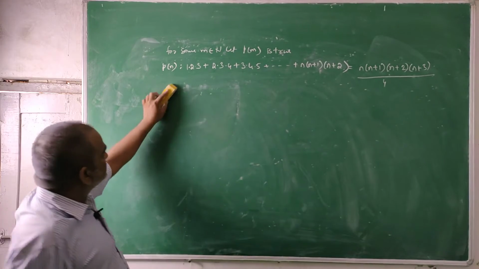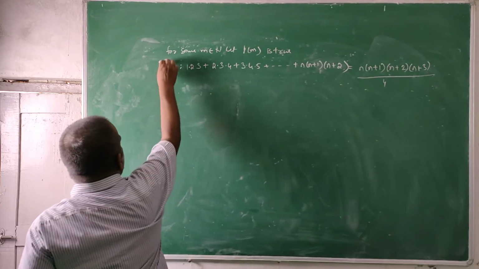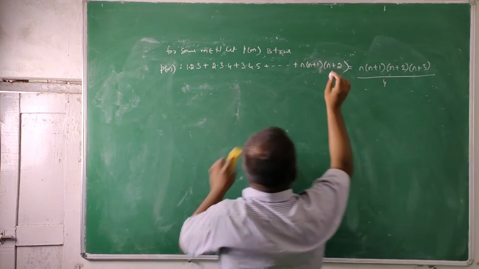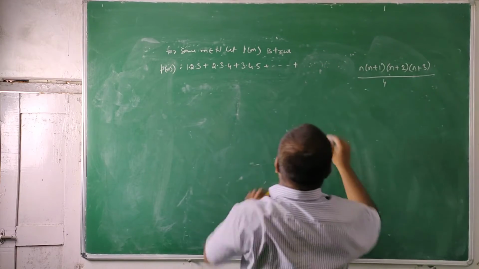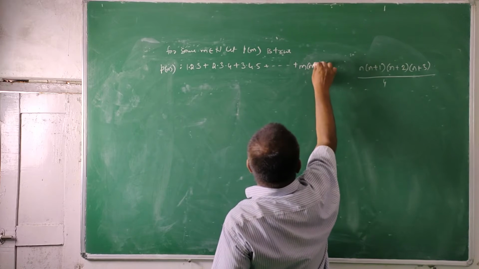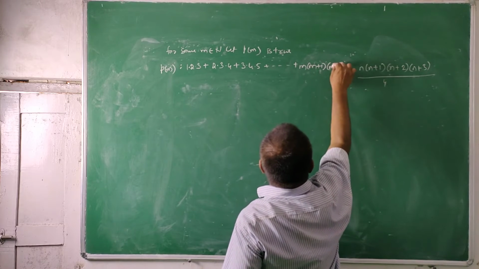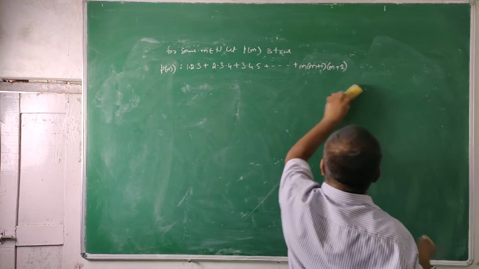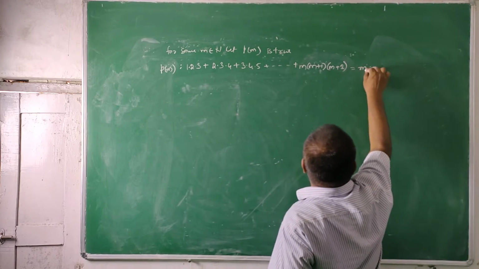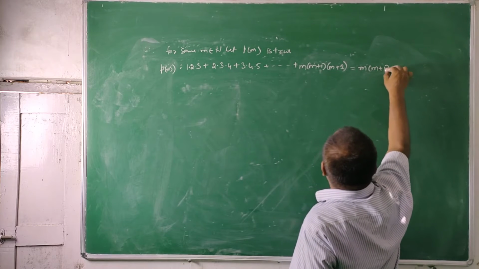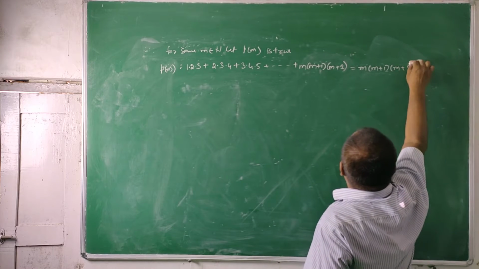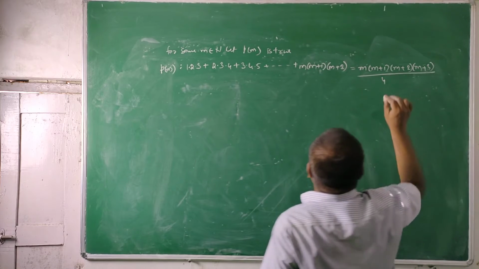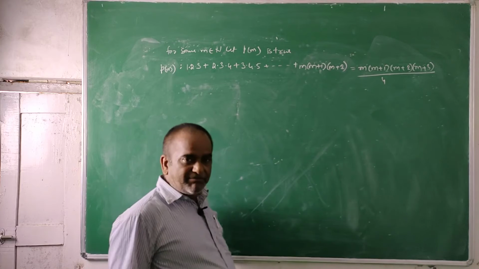So here P of m is the same: m into m plus 1 into m plus 2, is equal to m into m plus 1 into m plus 2 into m plus 3 by 4. So this is step B.